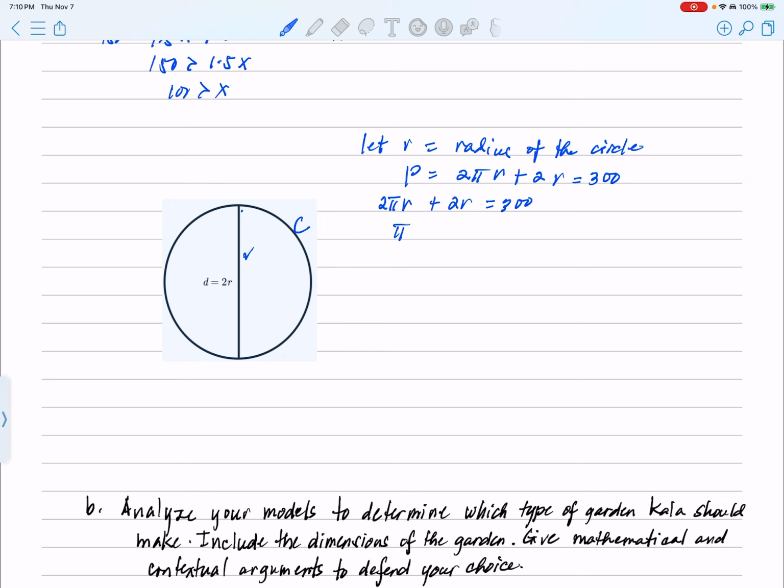Factor out r: r times pi plus 1 equals 150. So r would become 150 divided by pi plus 1. And pi we can compute using math. r would be approximately, pi is 3.1416, approximately that value. 36.218.